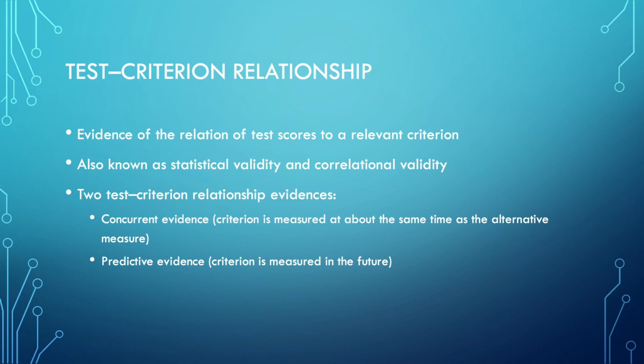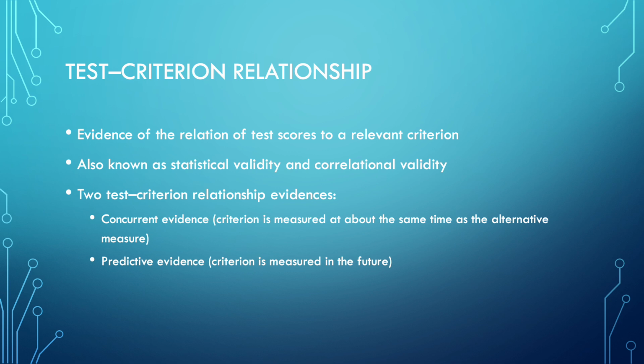We also have predictive evidence, which is criterion that's measured in the future. For predictive evidence, success in graduate school is represented. We can look at criterion that is the GPA and graduate status, and we can look ahead based on how well you'll do at graduate school based on your GRE score or your undergrad GPA.